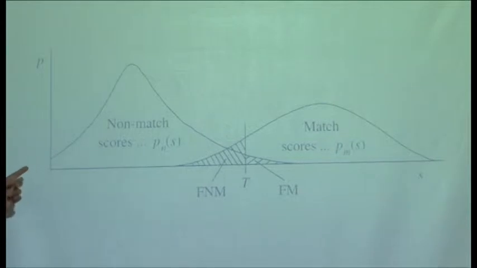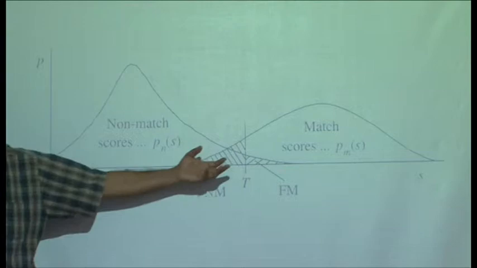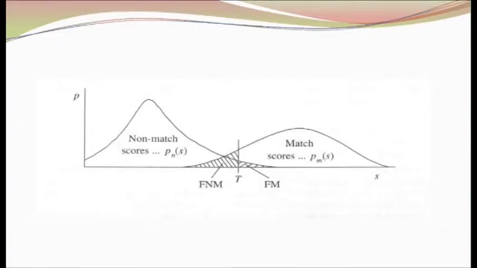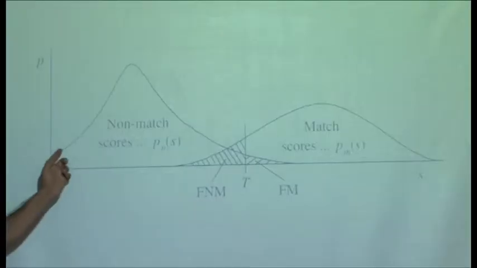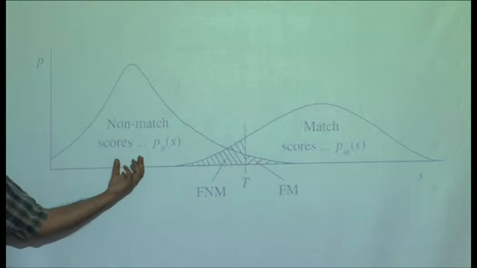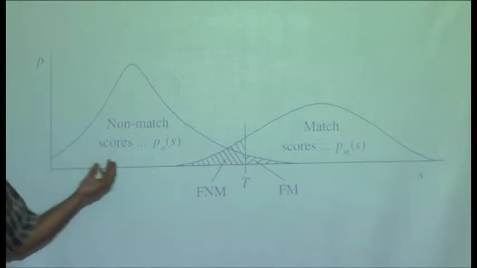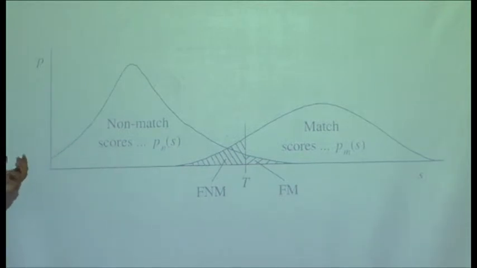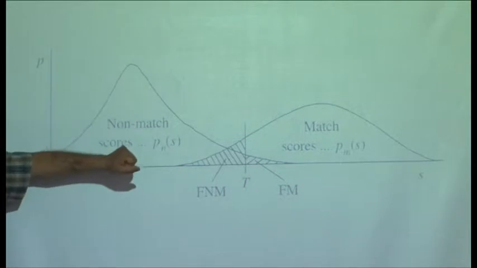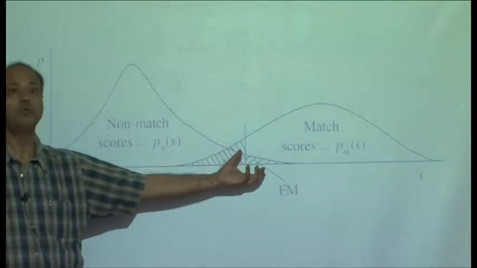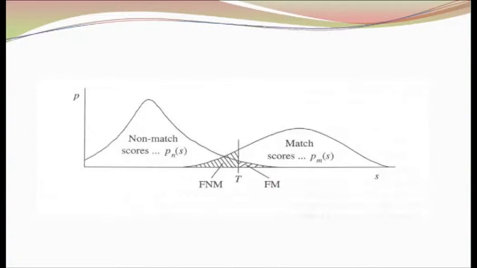In the case of imposters, the scores will be much smaller compared to the genuine case. You will find that this peak will be much closer to this side, because in most cases it will fail, but very few of them will have a high score.